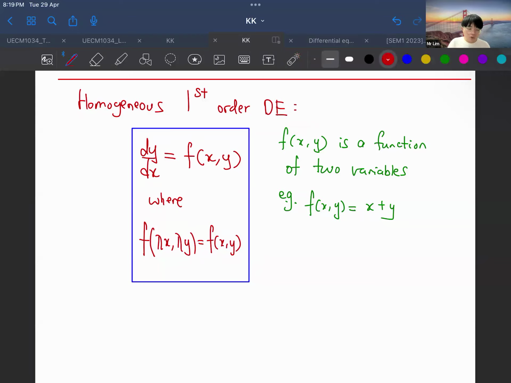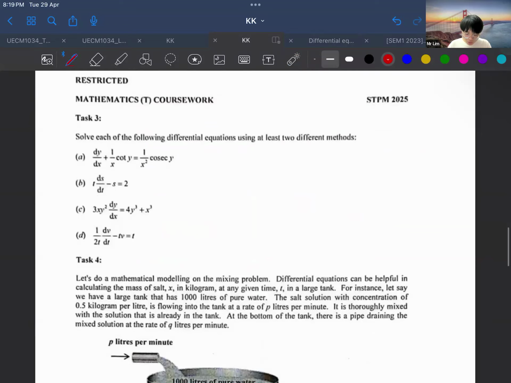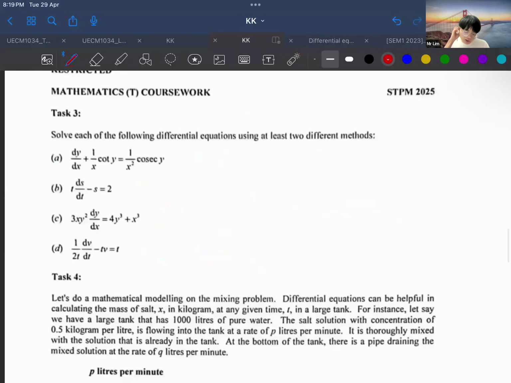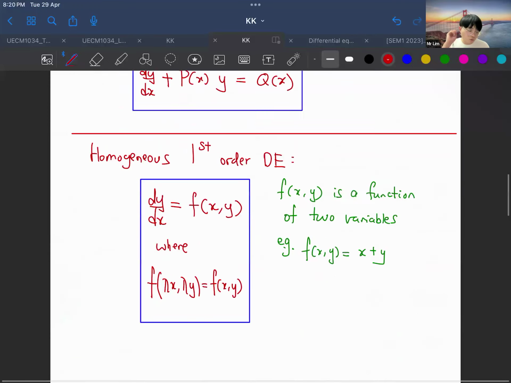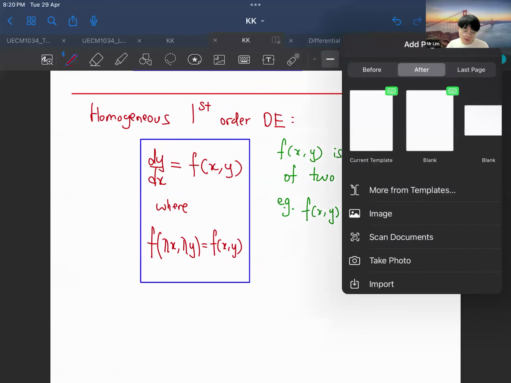All right, so now let's look at some examples. I'll give you some extra examples so that you won't be bored with just one example.